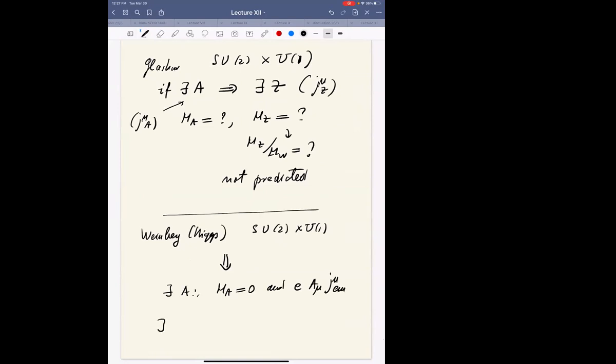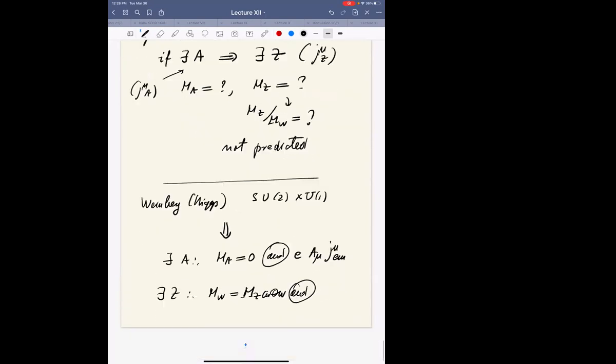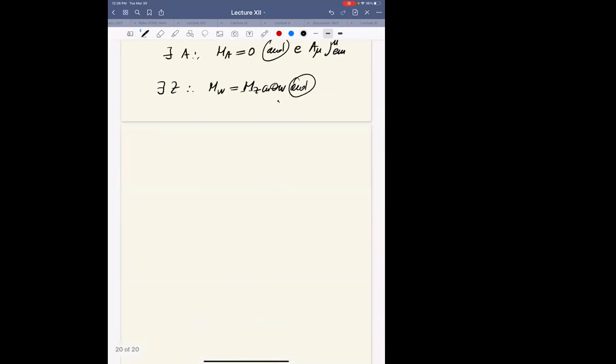There is also a Z boson. So that MZ, this is beautiful, so that MW is MZ cosine theta W. And there is also G over cosine theta W. Everything is predicted. Z mu J mu Z.